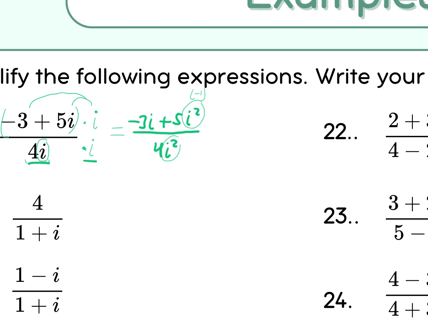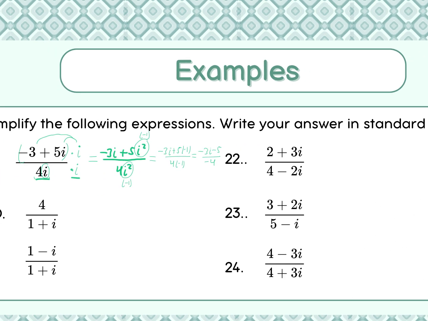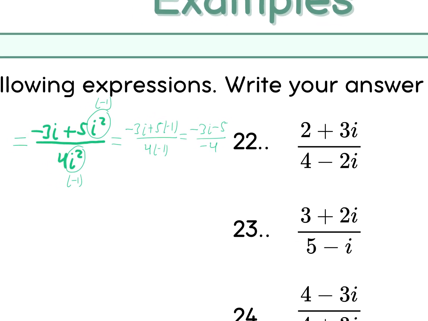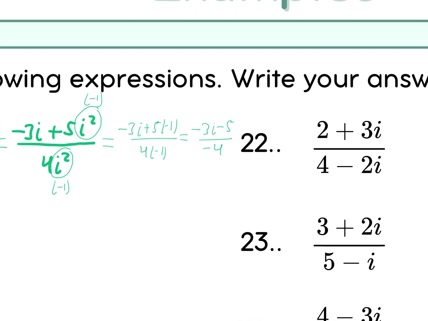All right, and now any i squareds we can replace with a -1. So this is going to get me a -3i plus 5 times -1 over 4 times -1. And then simplifying that is going to get me a -3i minus 5 over a -4. All right, and the directions say to write our answer in standard form. Remember, standard form is a plus bi, so I do want to separate these.